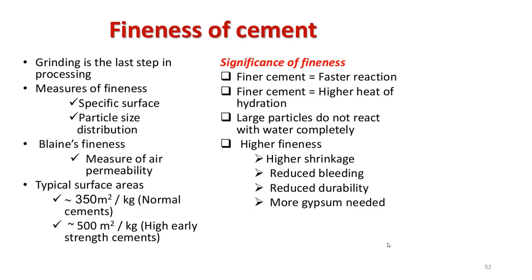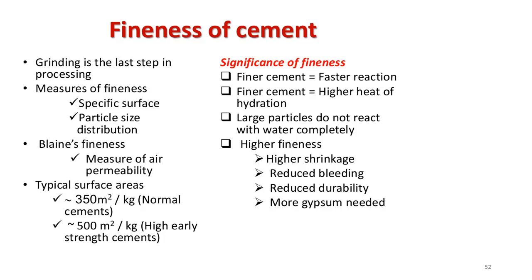The fineness of a cement is basically how fine the cement particles are. The fineness is assessed by measuring the permeability of a cement in the Blaine permeability apparatus. The results of the Blaine permeability apparatus are in the form of centimeter square per gram or meter square per kilogram.